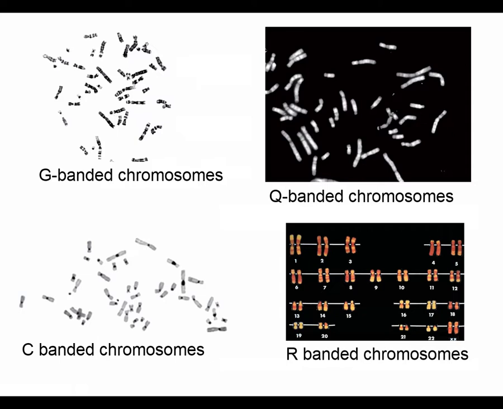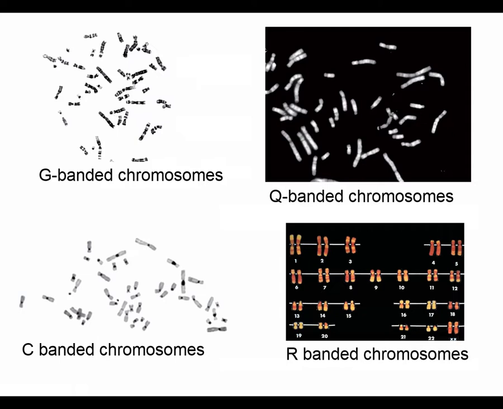There's different types of stain you can use, and the different types of stain will stick to different parts of the chromosomes, and we call them different types of banding. The typical type of stain that we usually talk about in beginning genetics is called Giemsa stain. G-banding chromosomes means that you stained it with Giemsa stain. And you get this stripy pattern you can see on the chromosomes here.